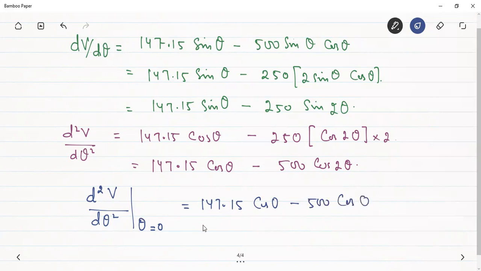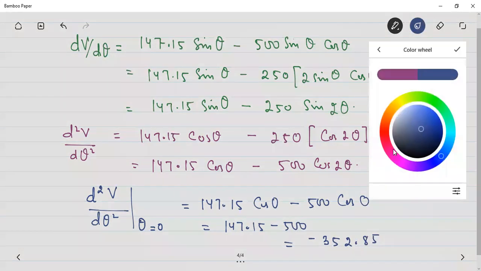Okay, cos 0 is equal to 1. Therefore, we will have 147.15 minus 500. So this will be a negative value, and that will be equal to minus 352.85.